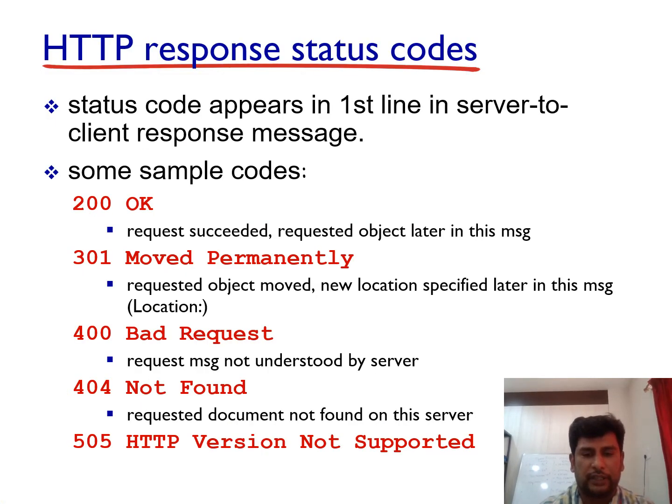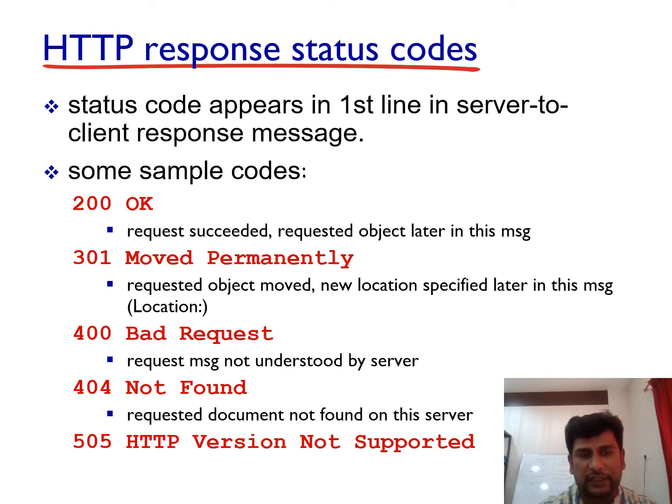Right. In our previous slide, we were looking at the HTTP response message. Let's take the first line, which is called the status line. We can find three important columns. One is the HTTP version, then the status code, and the phrase meaning. Now here, what are the different status codes possible and what is the corresponding meaning or message?